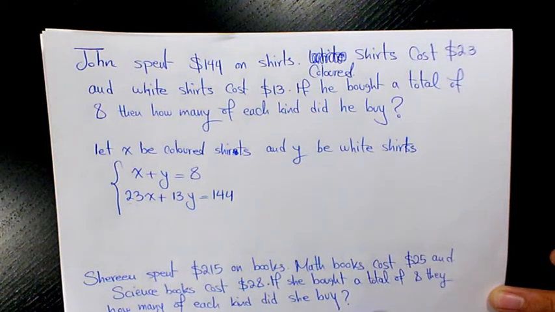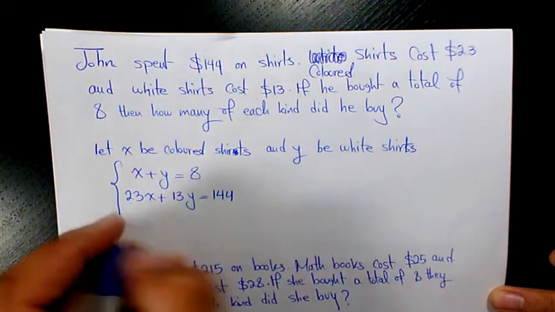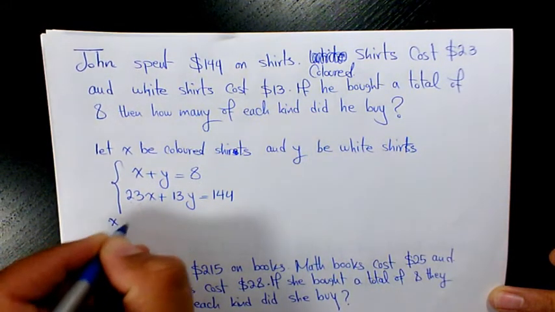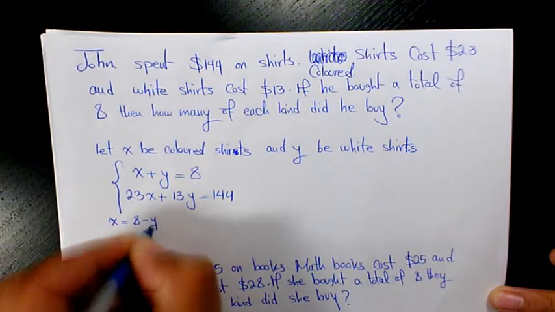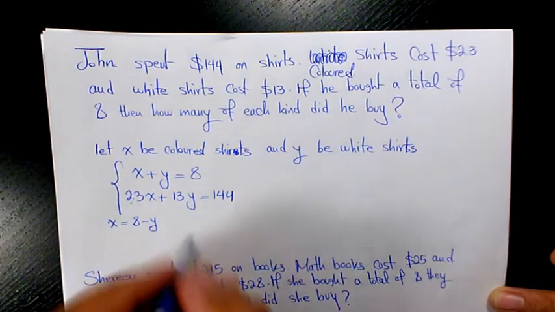So now we can use, let's say, the substitution method. We have x equals 8 minus y from the first equation.